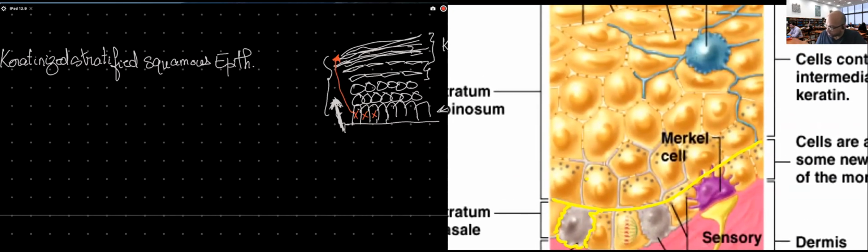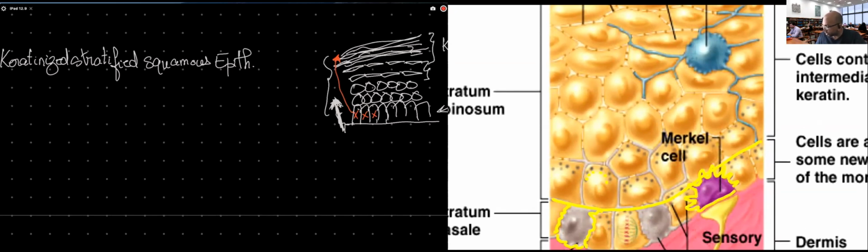You see those tiny dots on here. Those are the melanin granules, and they are located above in the next layer, which is my stratum spinosum. Other important cells that I can see on here are my Merkel cells, and the Merkel cells are located at the junction between the epidermis and the dermis.